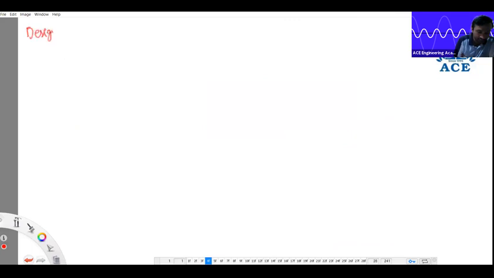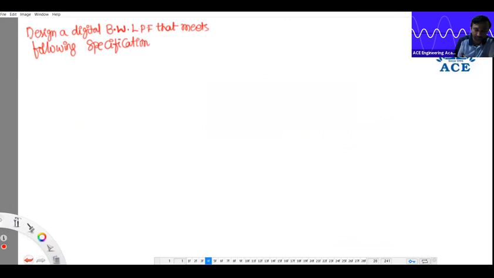Design a digital Butterworth (BW means Butterworth) low pass filter that meets the following specifications.